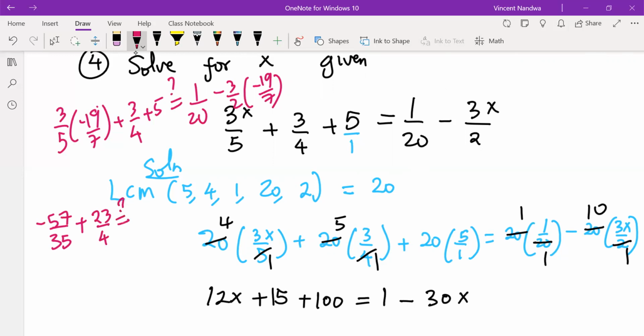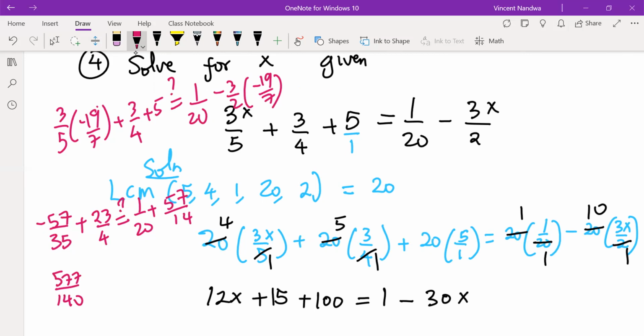We check whether this is the same as 1 over 20 minus 3 over 2 times minus 19 over 7, which now is plus 57 over 14. Now minus 57 over 35 plus 23 over 4 gives you 577 over 140.